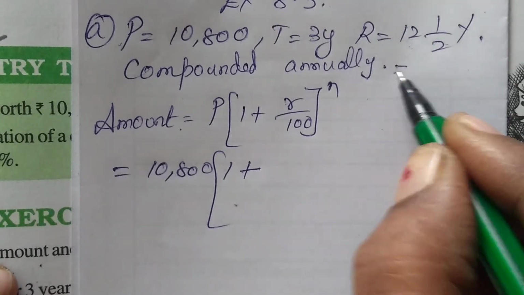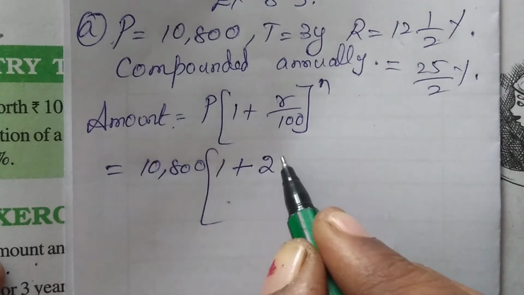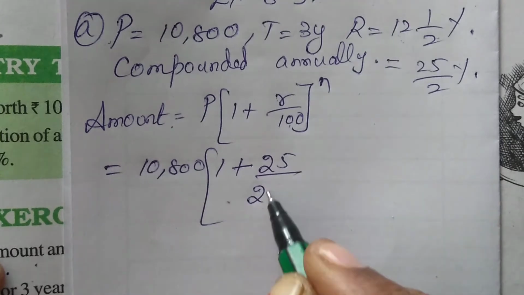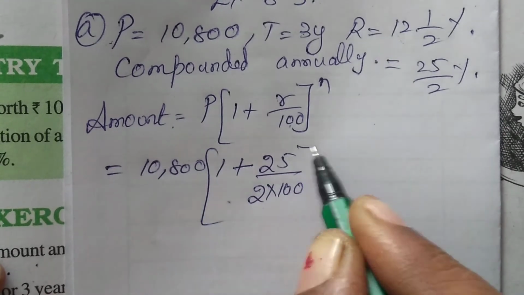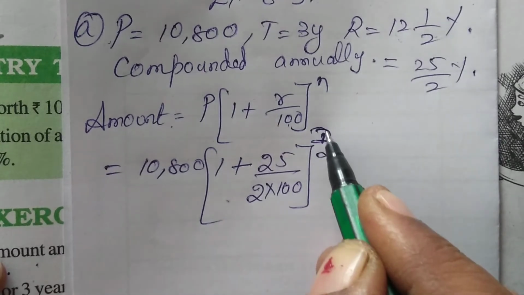So I write 25 by 2, and denominator already we have 100, to the power of N. N is 3 years. So this 3 we write as it is because it is compounded annually.